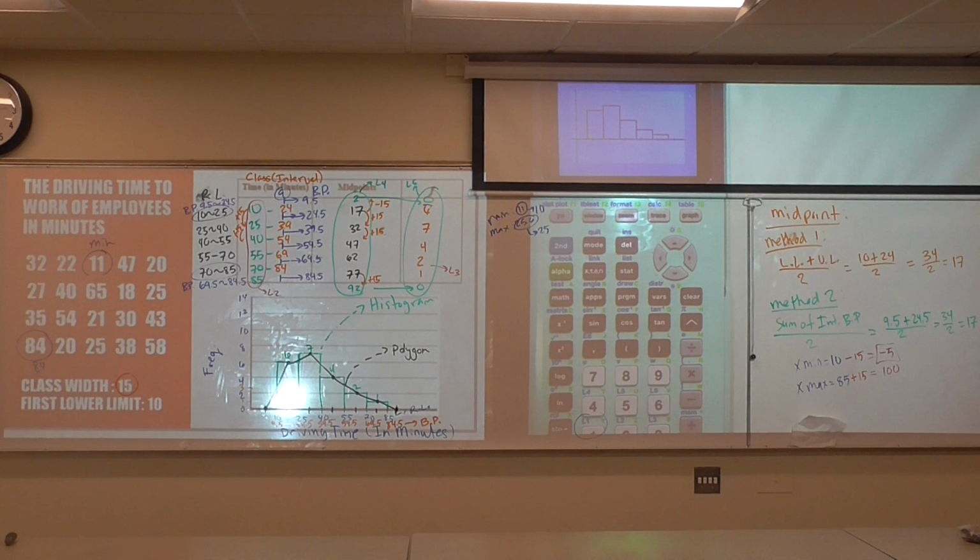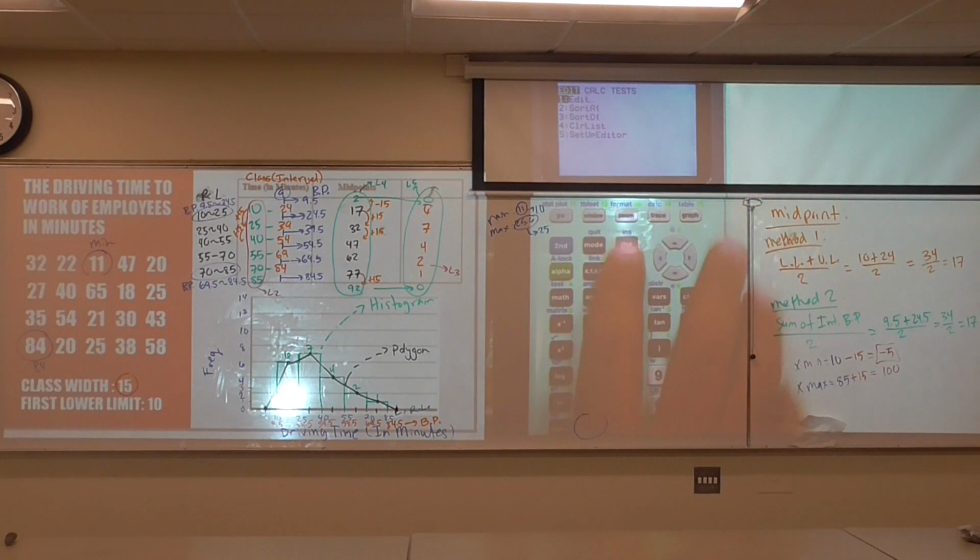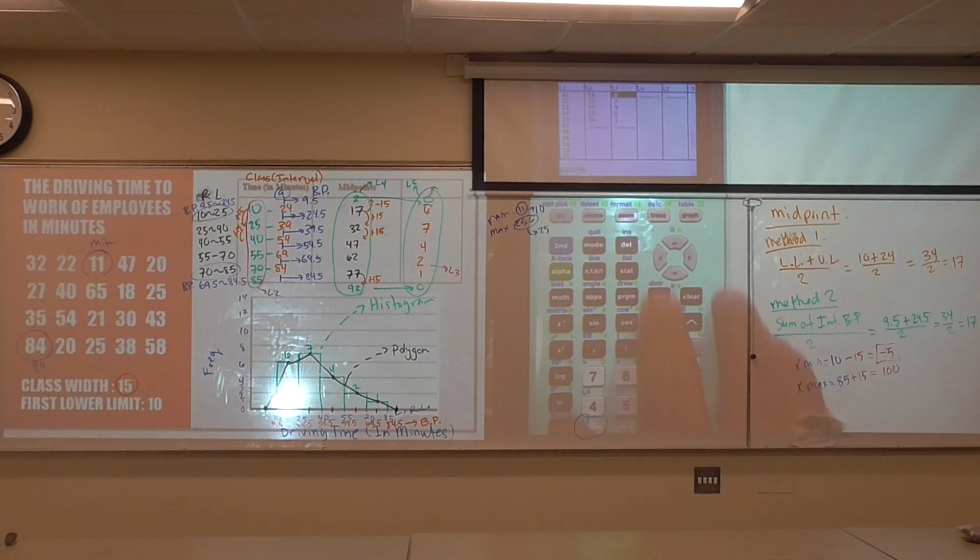So let's get those in here now. Once again, how do we quit this? Pretty much we do second mode to quit. And I could just go to stat, or you can press stat. Actually, stat would be a little quicker, but it's just one more step. So in list 4, I want to pull out the midpoints, starting with the one before the lower limit. So we have to start at 2 and go on from there.